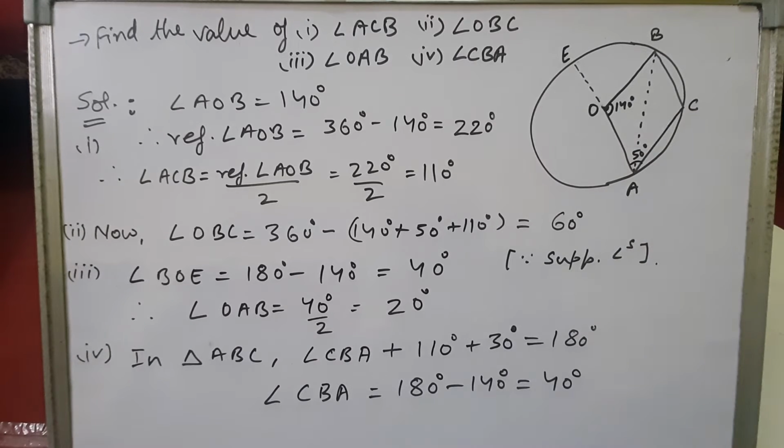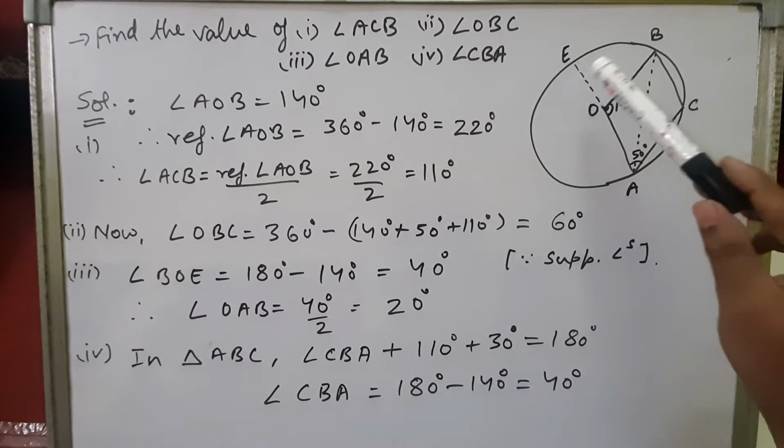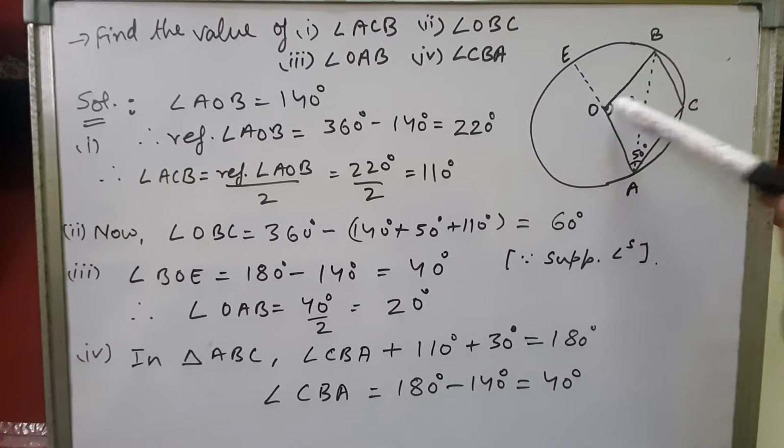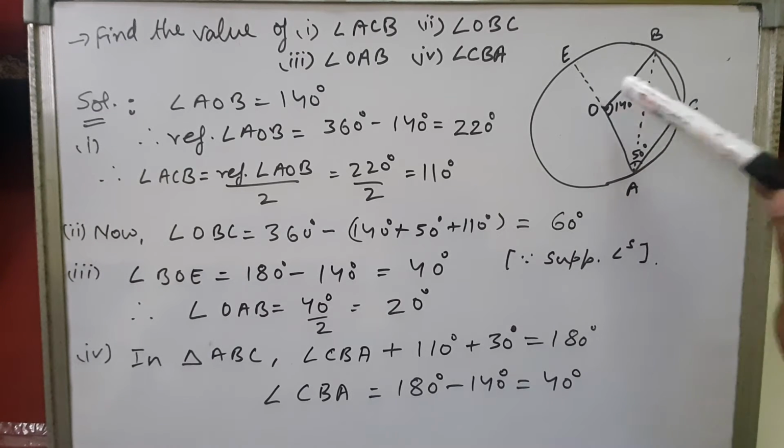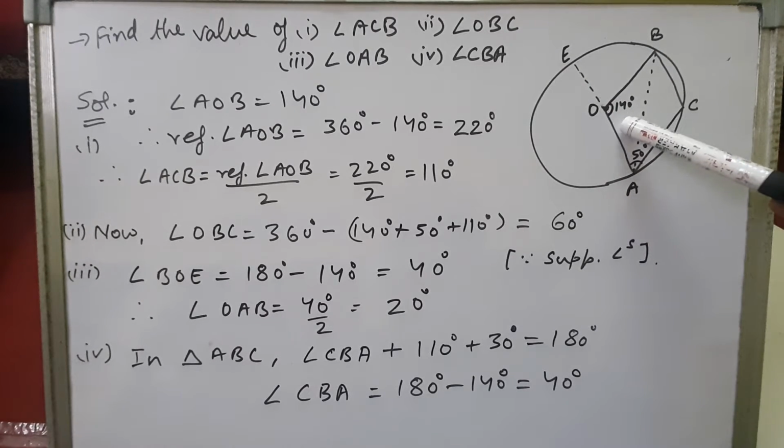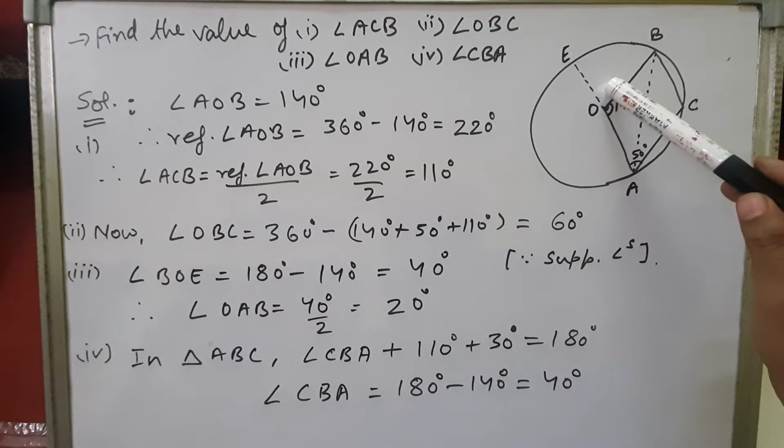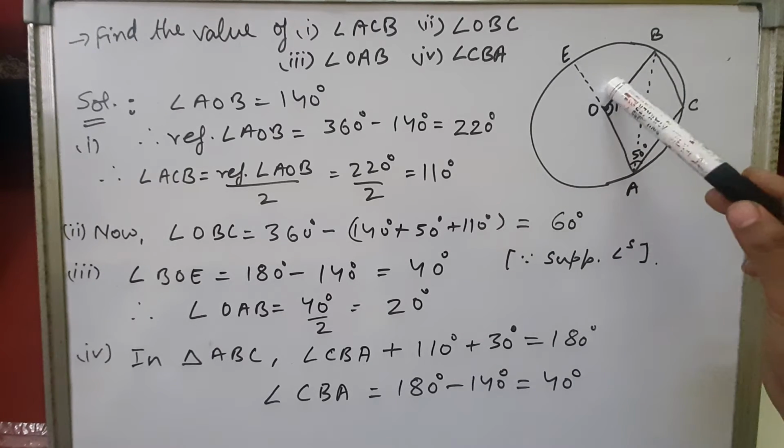In the third, we have to calculate the value of angle OAB. So OAB, we have to calculate this angle. So what we will do, join AB and produce this OA to E, right? Now when you see that EOB and BOA are supplementary angles formed as a straight line. So if this angle is 140 degree, so this angle will be 180 minus 140, it will be 40 degree, right?